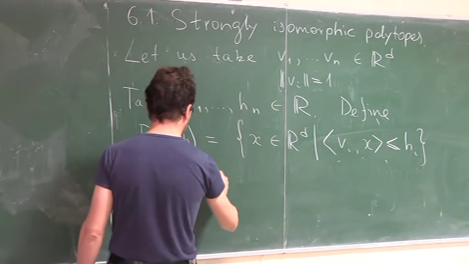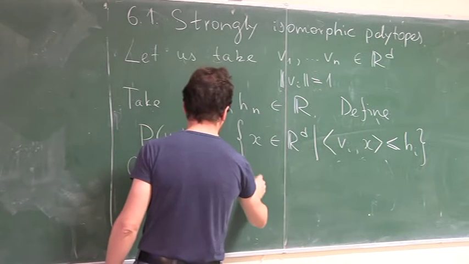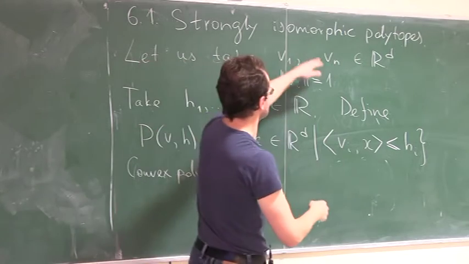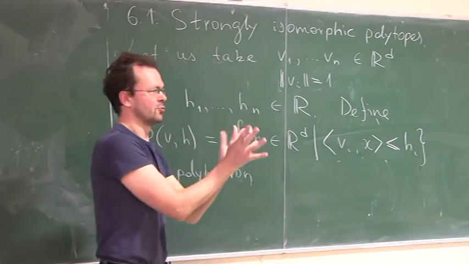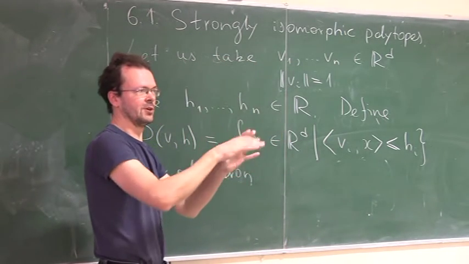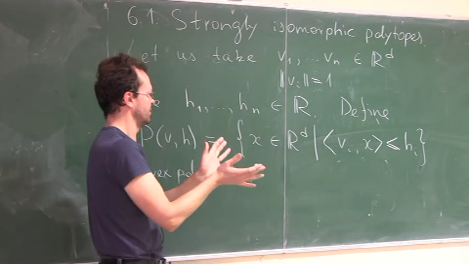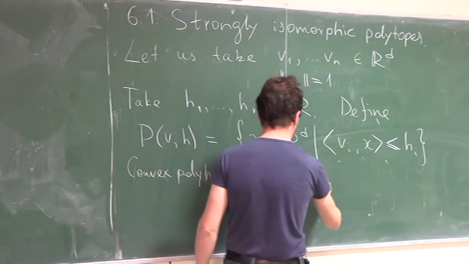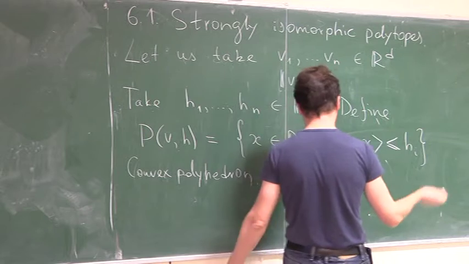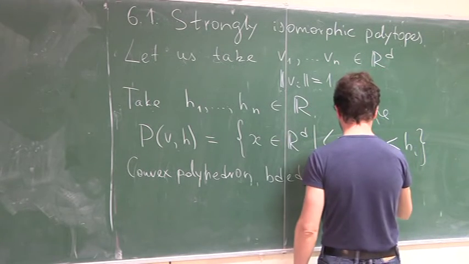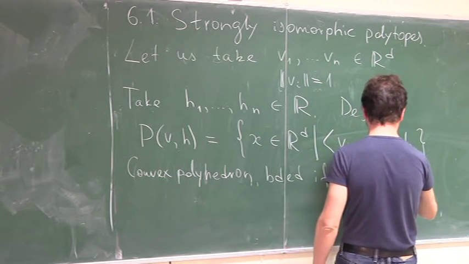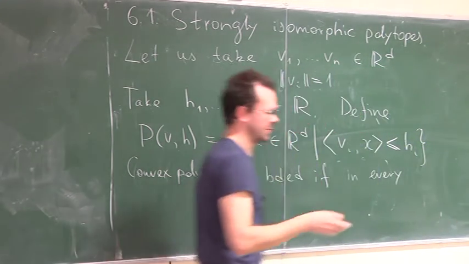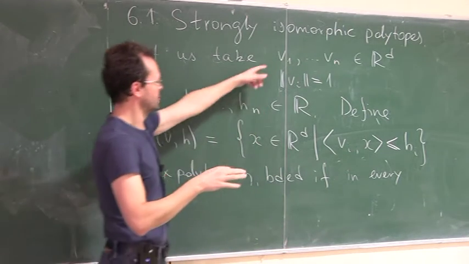And this will be bounded under some condition on the Vi's. If Vi's look into opposite directions somehow, if they positively span the Rd, then it will be bounded. So bounded if, say, in every upper hemisphere of S^(d-1), there is at least one Vi.